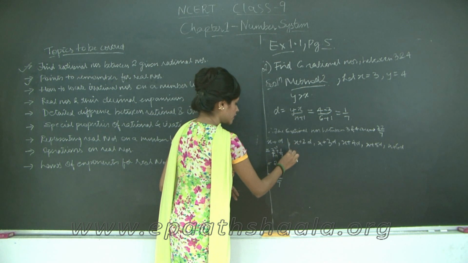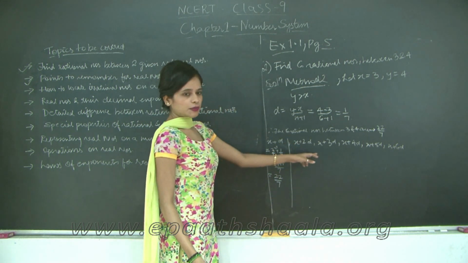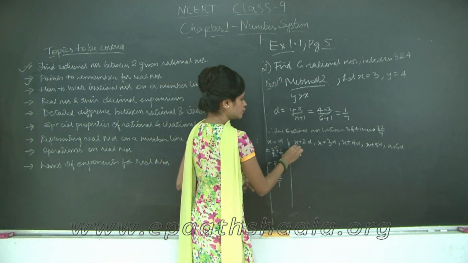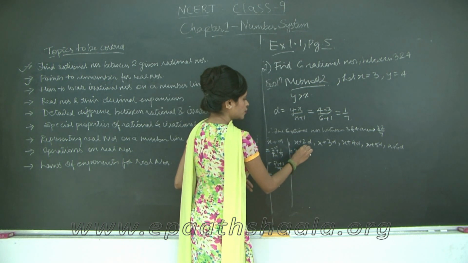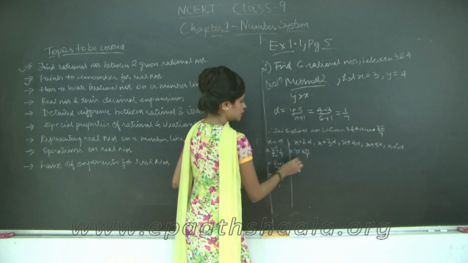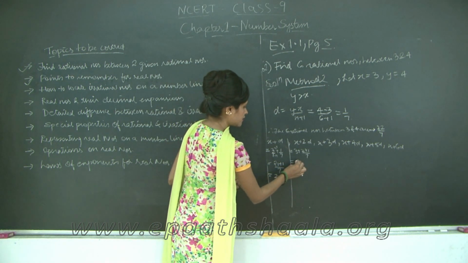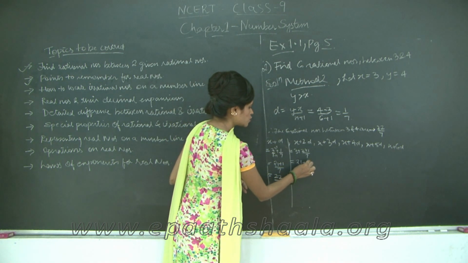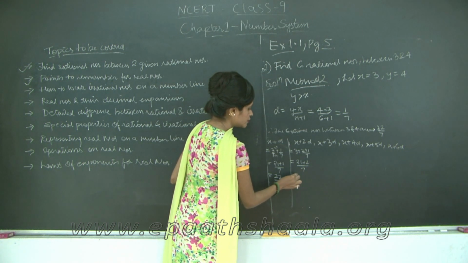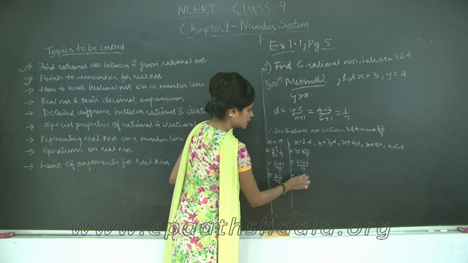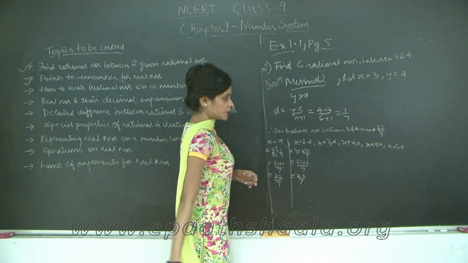Let us find the second one. You have x plus 2d. So, this is equal to 3 plus 2 into 1 upon 7. So, similarly following the LCM method, what do I get? 7 3s are 21 plus 2 upon 7, which is 23 upon 7, right?